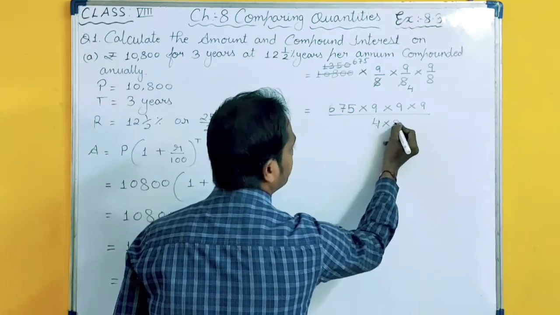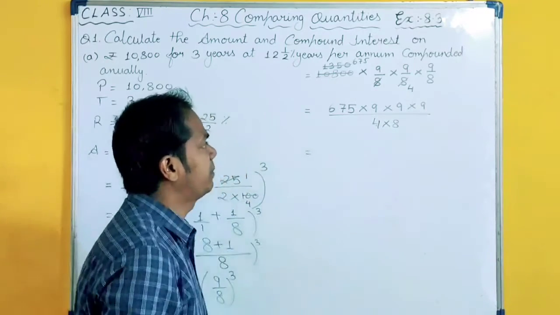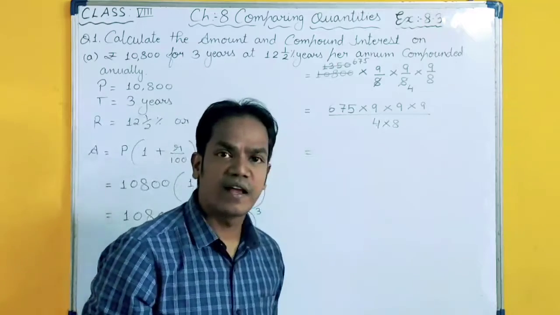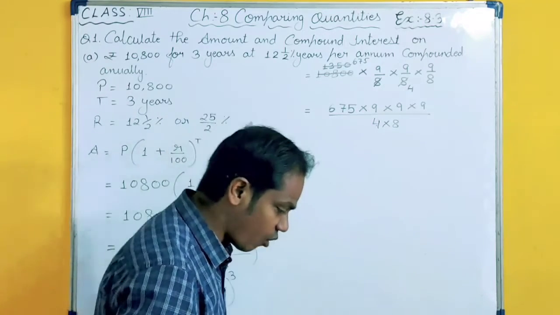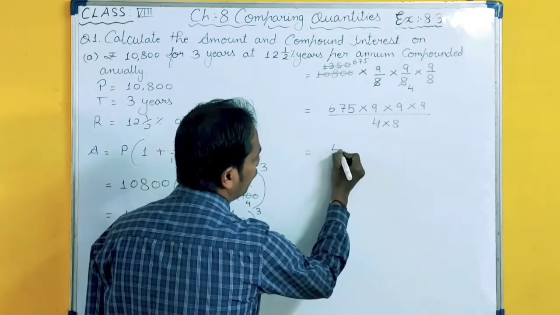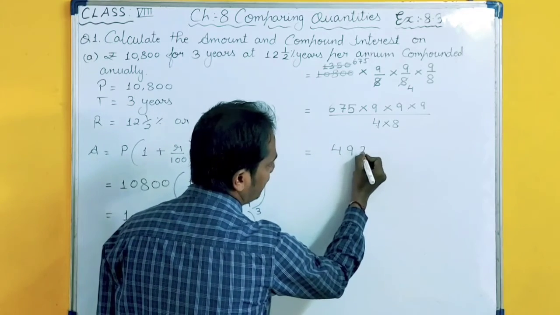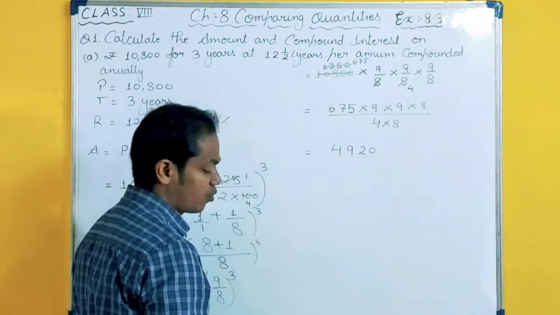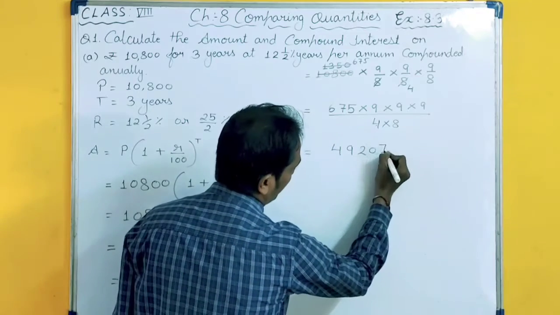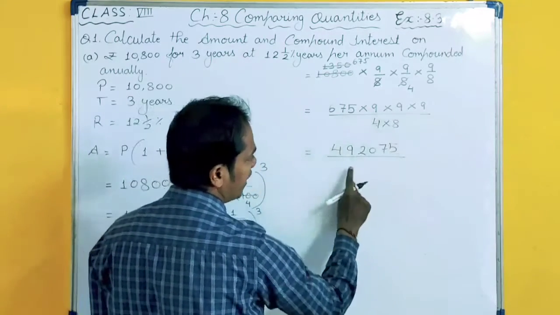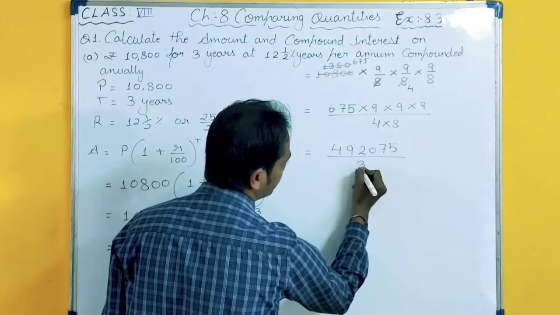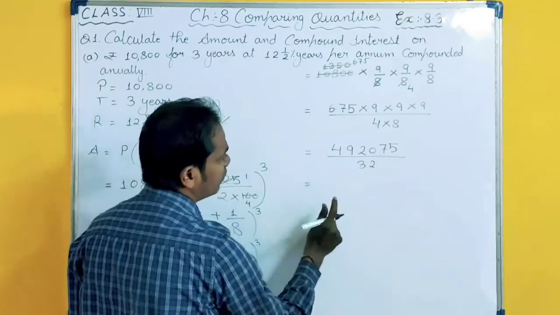Now multiply 675 into 9 into 9 into 9. When you multiply all this, you will get 492075, and 8 fours are 32.